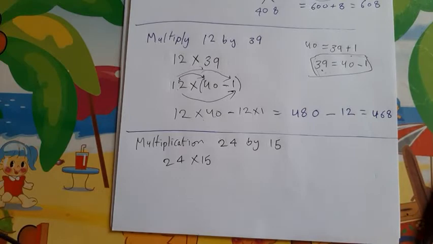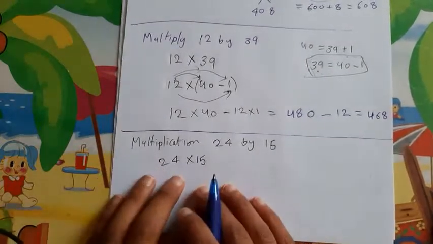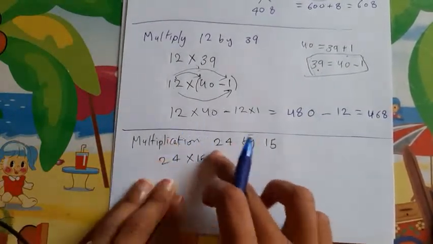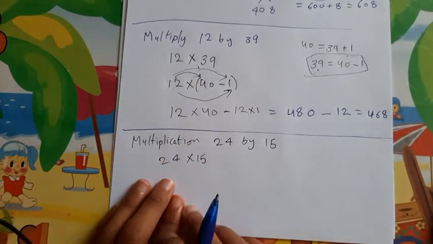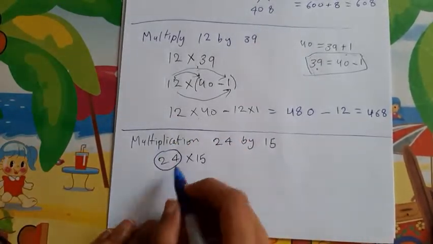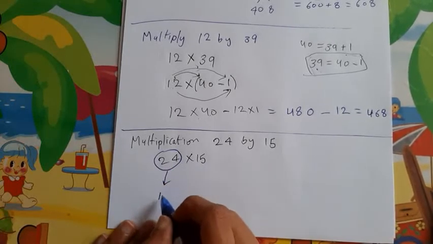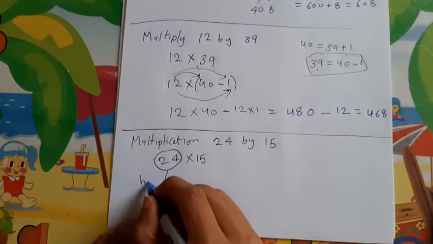Whenever you do mental calculations, try to do things that don't change your numbers. For example, now I'm going to halve this number 24. What is half of 24? It's 12, right?